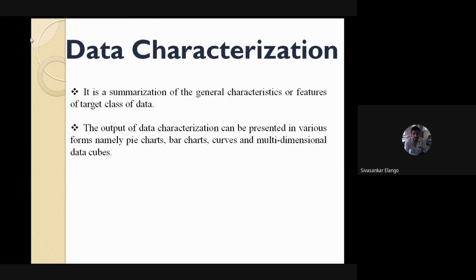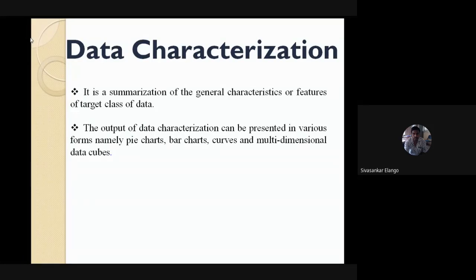And the next type of analytics technique that you can perform on data is data characterization. So data characterization is the summarization of the general characteristics or features of a target class of data, right? So you have some target class, a class of data. You need to summarize the features of the particular class of data. It can be represented by bar charts, pie charts, right?